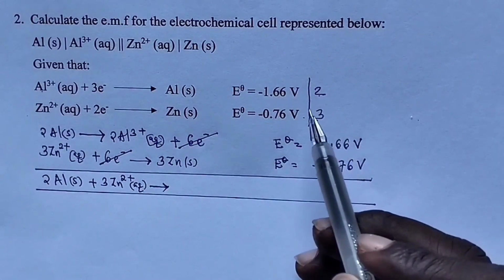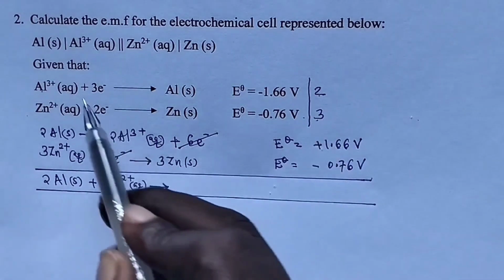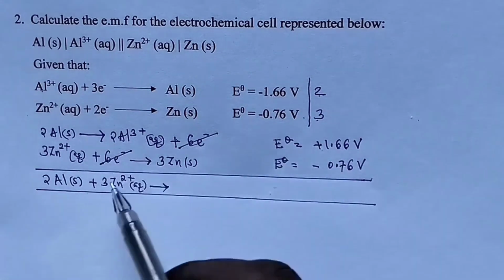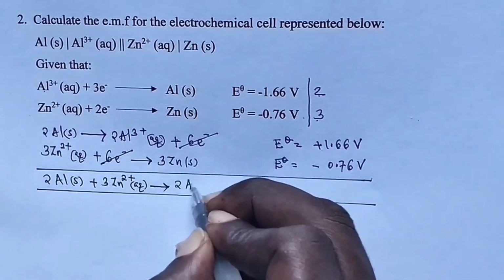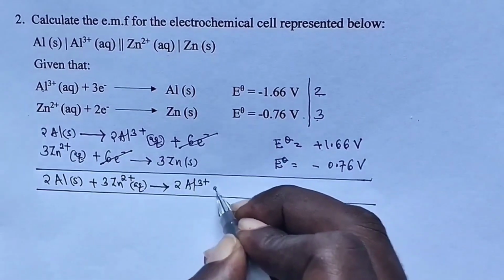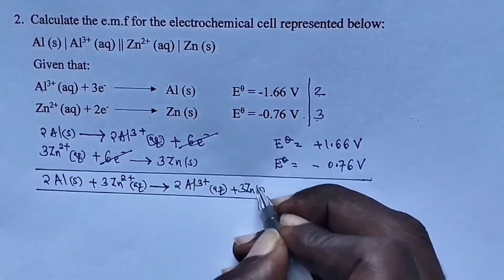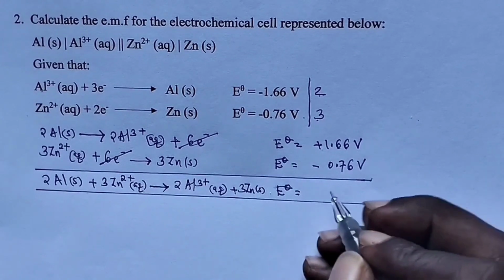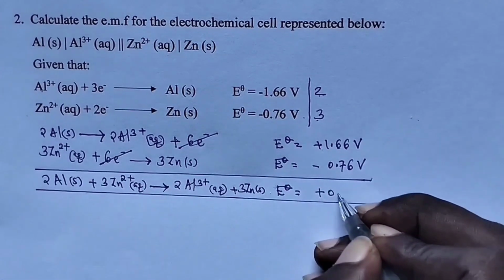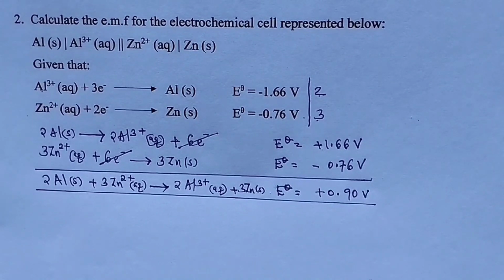That's the reason why we put 2 and 3 there, so that we have equal electrons and they remove each other. So we have 2 aluminum ions, aqueous, plus 3 zinc, which is solid. We add the standard electrode potential values, and here we get positive 0.90 volts. That's how we have calculated.